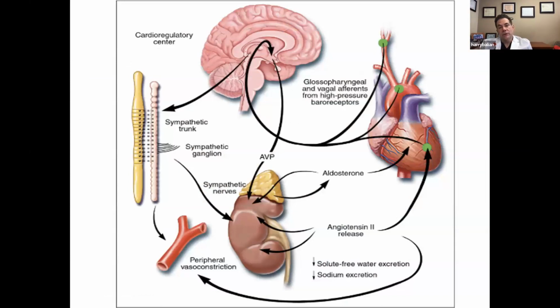So looking at the overall cascade, when we have a patient in heart failure, basically you have increased afterload, increased LA pressure.